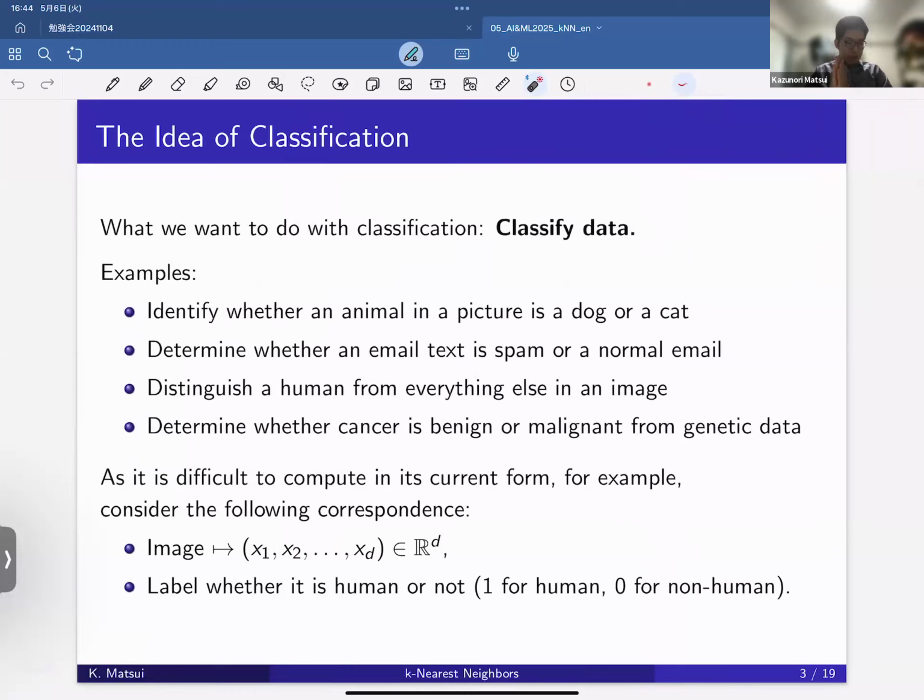First, let's talk about classification problems. As the name suggests, classification aims to categorize data, classify data.